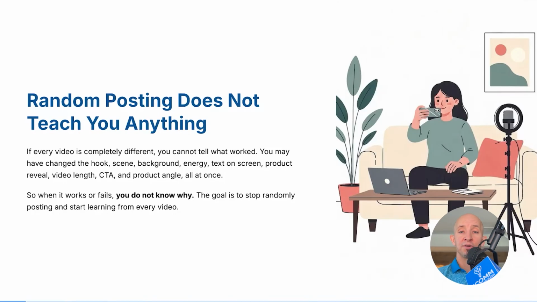If you're going outside and creating a video and you use a different hook for that video, and you're featuring a different product, that's one video that you post. Then the next video you post, you feature a different product and you go inside and you use a different hook for that product. Well, guess what?